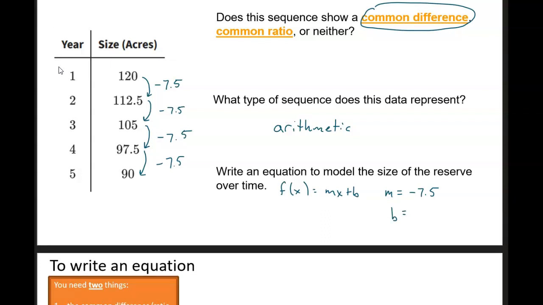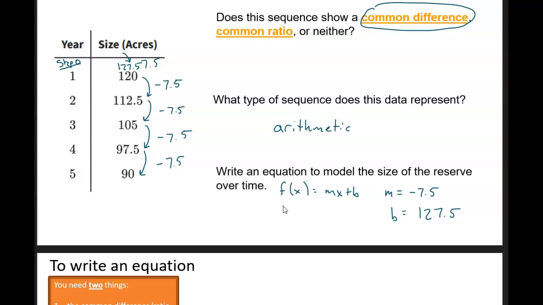So depends on how we set this up. We could say step 0 is up here, or we could even say year 1 was step 0. It actually doesn't matter too much. But let's just say step 0 is 1 back, just for a moment. All we'd have to do to find step 0 is we'd have to add 7.5 to get the previous term. So this would be 127.5 for step 0. 127.5.